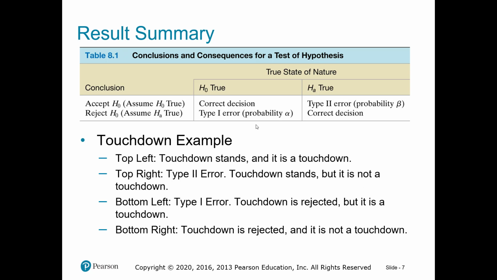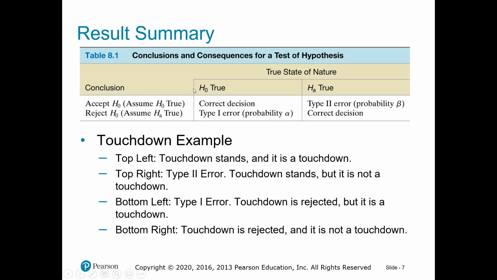Given that the null hypothesis is true, it's our probability of rejecting the null hypothesis. In this case, it's our chance of, when we have a touchdown, maybe it actually is a touchdown, but the type 1 error, which we call alpha, is our chance of rejecting the touchdown regardless. The judgments might be flawed.